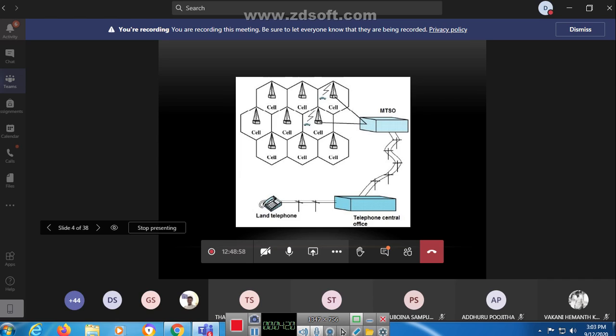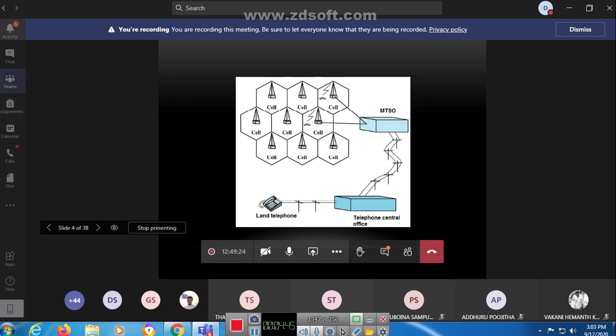When they travel across each other, there is some interference, which we call interference cell. So when signals cross from one cell to another, interference occurs, and we call that interference cell.